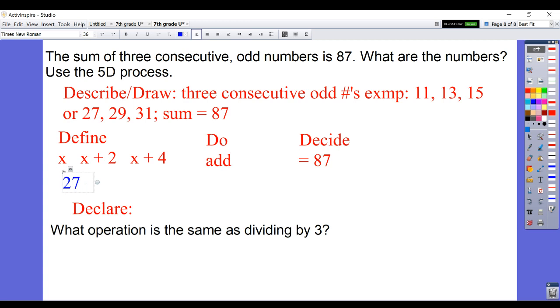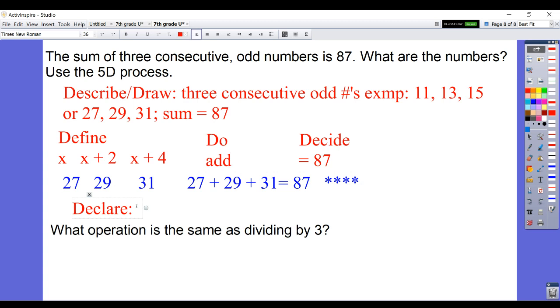27, the next one will be 29, the next one will be 31. So let me try adding those. Yep, that will equal 87. Not always that fortunate, but that did work right away.